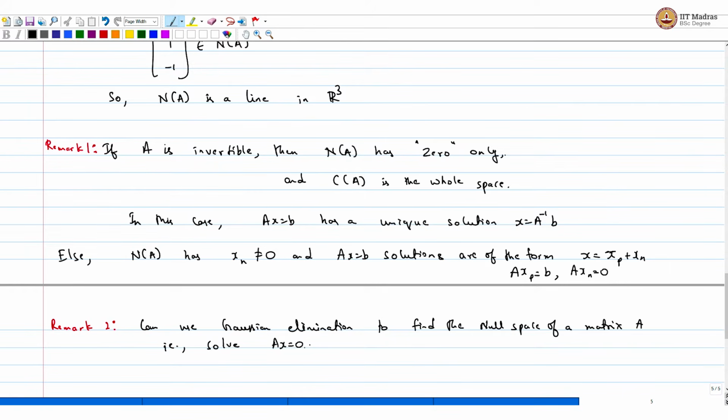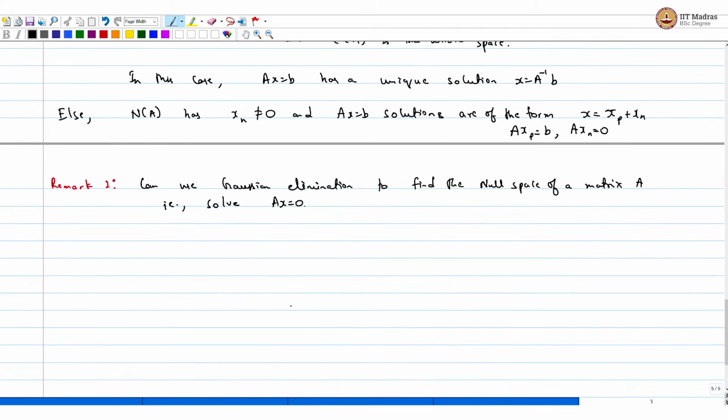That's what you do. I hope everyone has done Gaussian elimination before this. Please go back and revise. For the sake of illustration, I'll just give you an example without going through all the steps in detail.